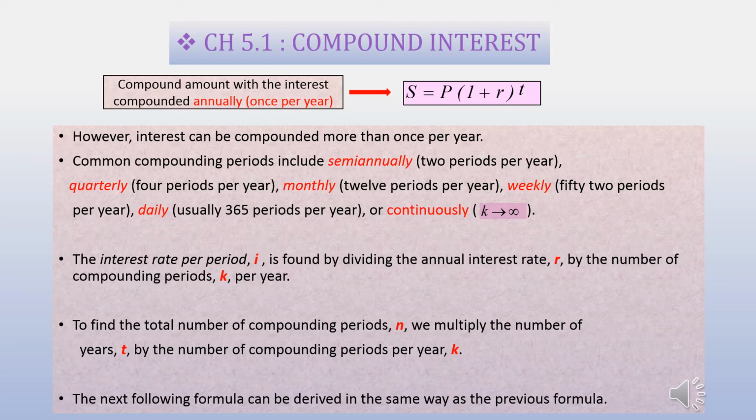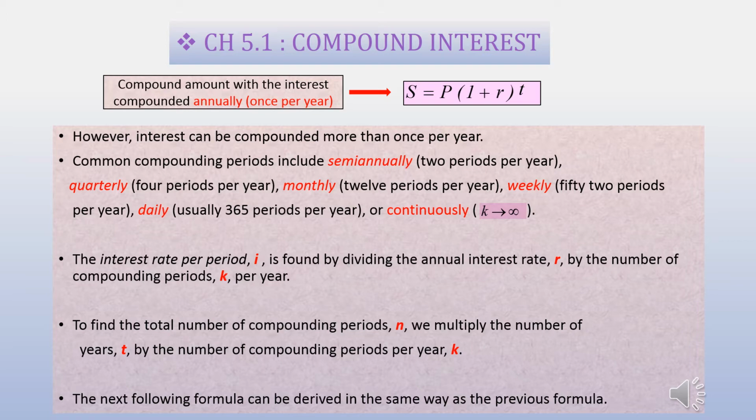Since the interest rate per year is R, it means the interest rate per period will be a different number. So if we change the symbol of R to I, which is the interest rate per period, then I is equal to R over K. Now T, the number of years, is no longer used, because now it becomes the number of compounding periods.